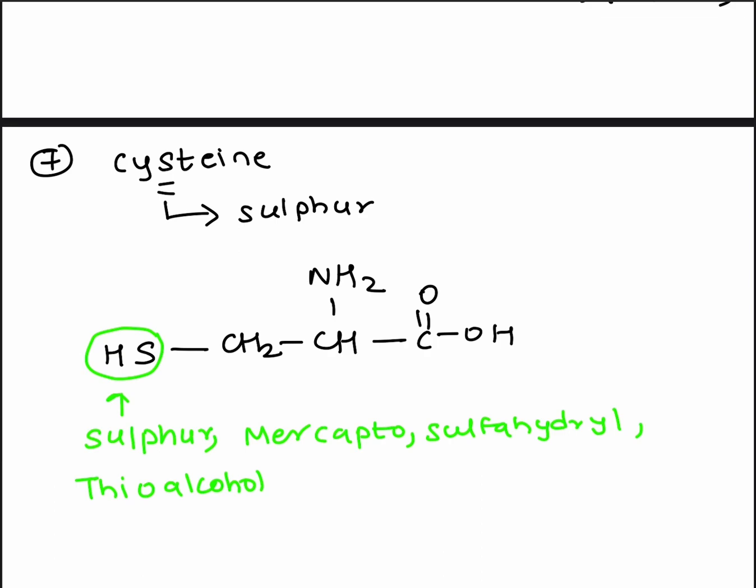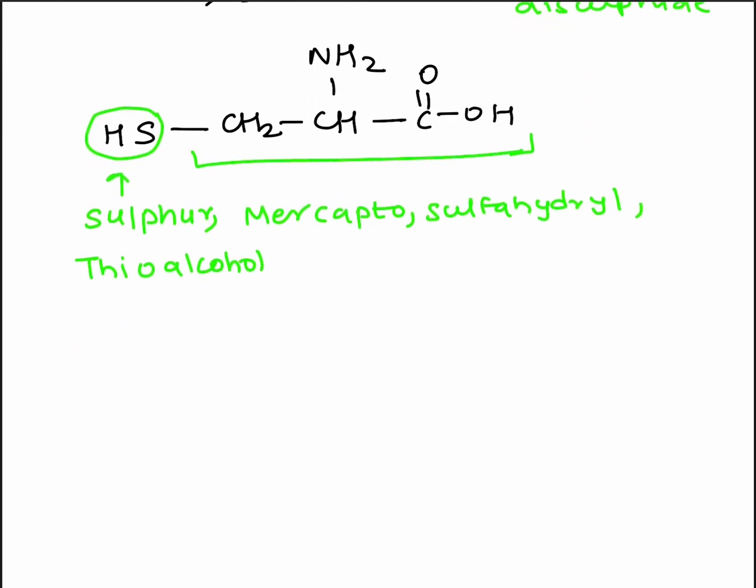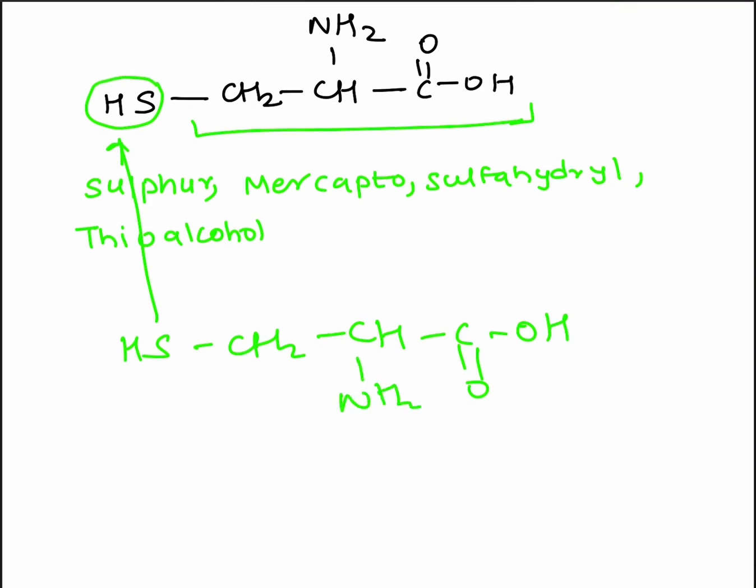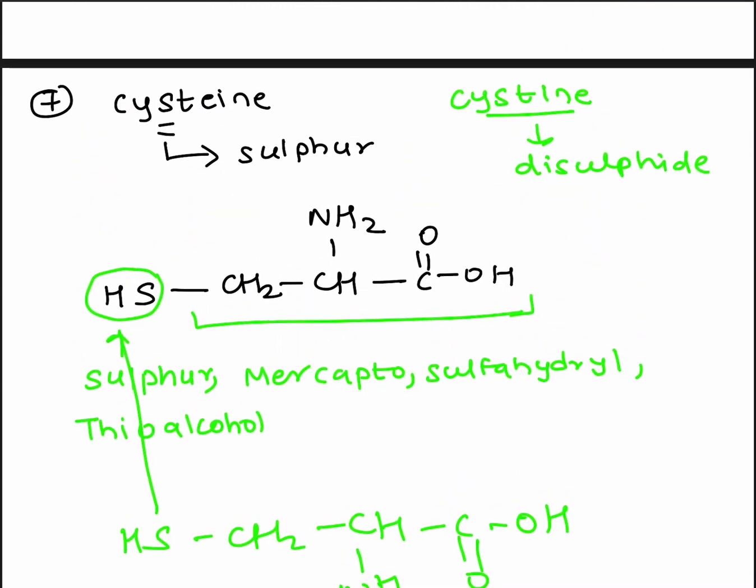For those who are interested, cysteine has a disulfide bond, where यहाँ पे सल्फर होगा and the whole structure is going to repeat. So this is how cysteine is going to look.